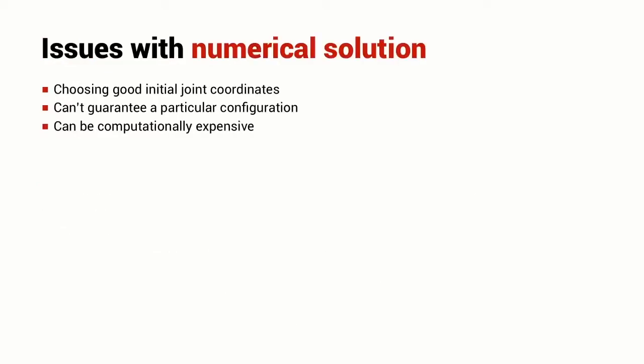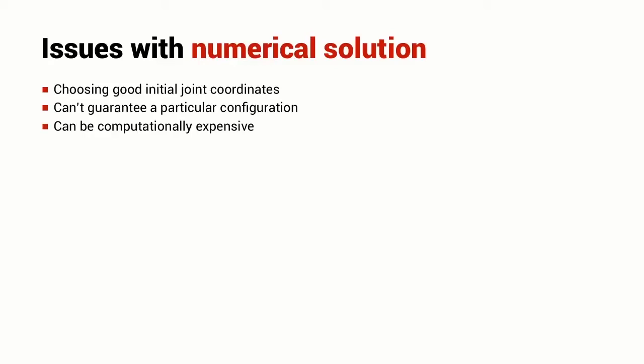There are some disadvantages with the numerical solution. You need to be careful about choosing the initial set of joint angles that you use for your optimizer. You can't guarantee that the optimizer will find the particular robot configuration that you're interested in. If you wanted a left-handed configuration, you can't guarantee the optimizer will find that particular configuration.